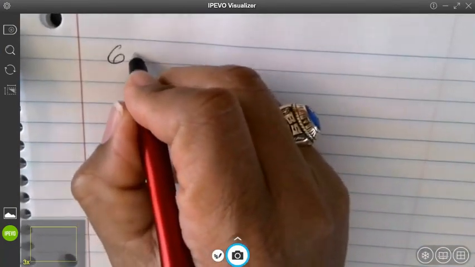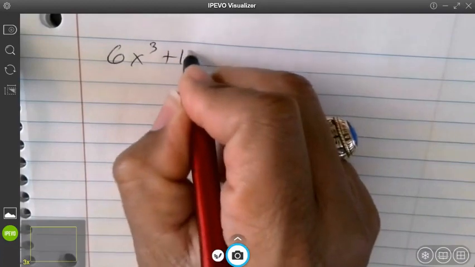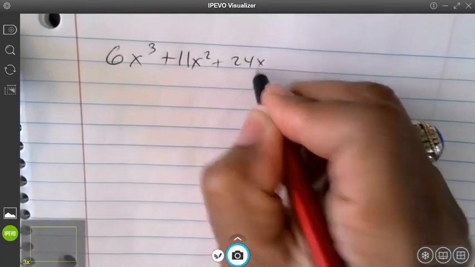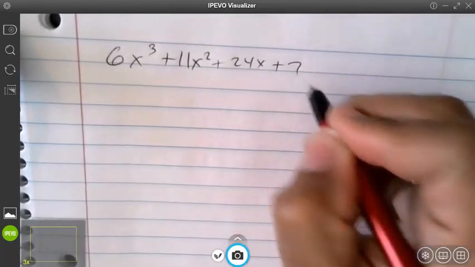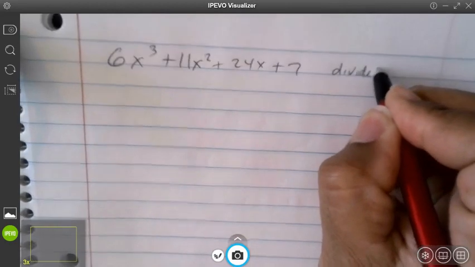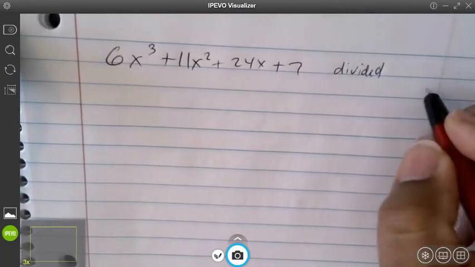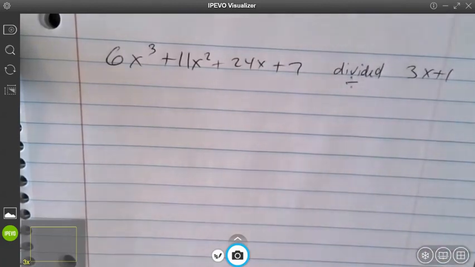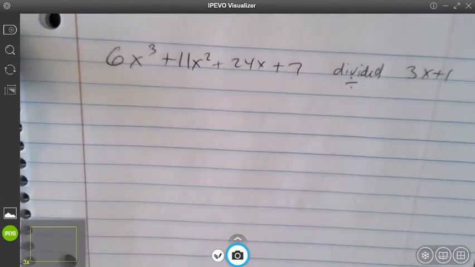All right, so the question was where you had 6x to the third plus 11x squared plus 24x plus 7, and you're going to divide it by 3x plus 1. We're going to do it like long division.